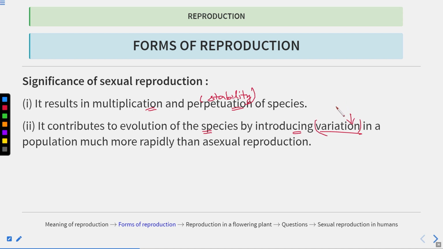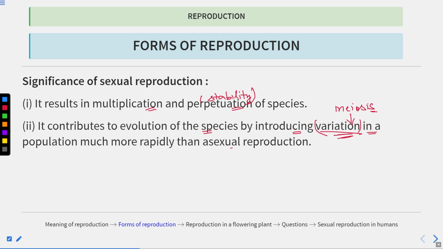Why? Because sexual reproduction involves meiosis, and during meiosis, we have already studied, crossing over as well as recombination takes place. Because of this, variation arises, and this variation accumulates over time and gives rise to new species.